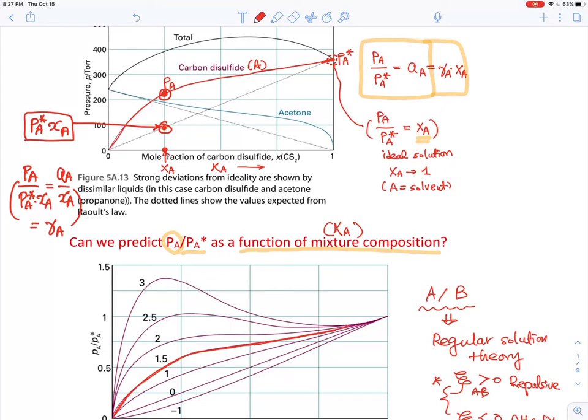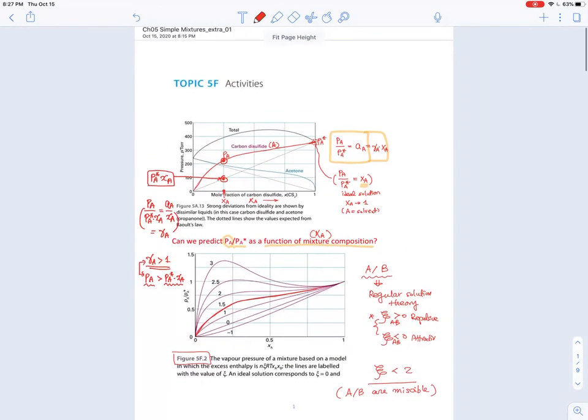When gamma A is bigger than 1, it means PA is bigger than PA star XA. That's a positive deviation, which is what we've shown here in the carbon disulfide case.